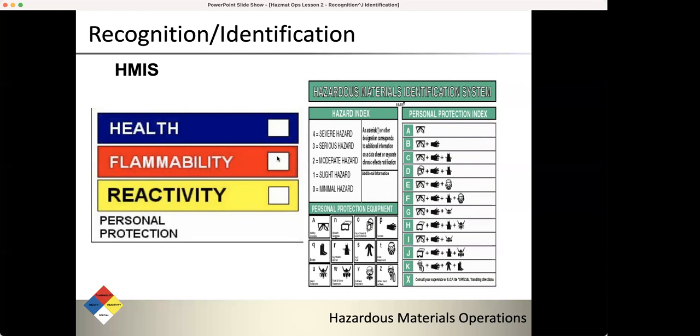That's what the number would be in this box here. But under personal protection, you would see letters or symbols that would tell you what you need to wear PPE-wise for this material. Point is, if you see this, you're dealing with a hazardous material.